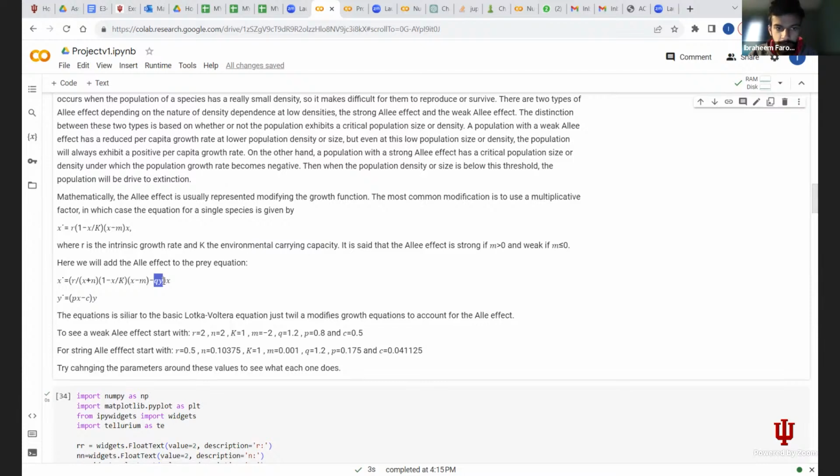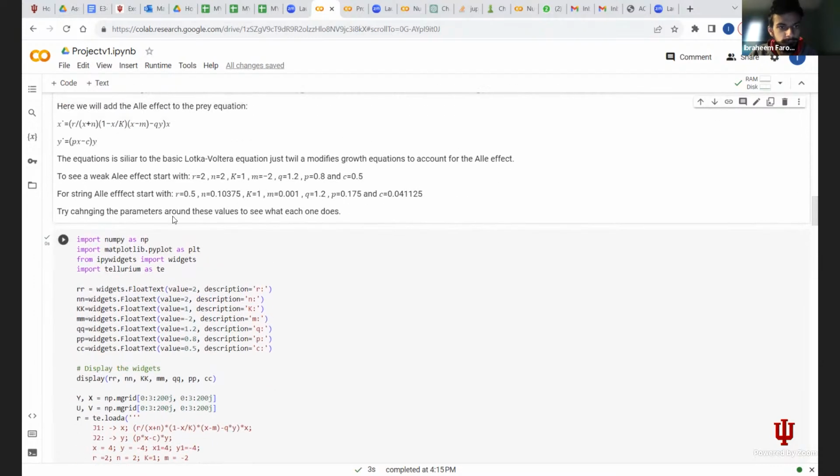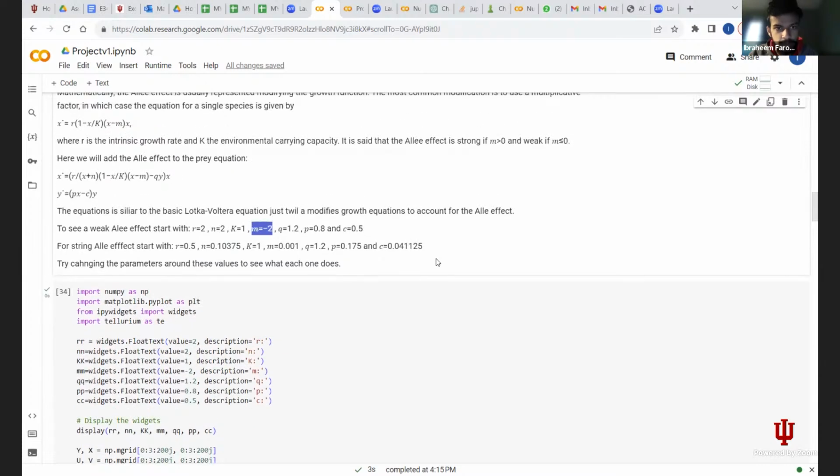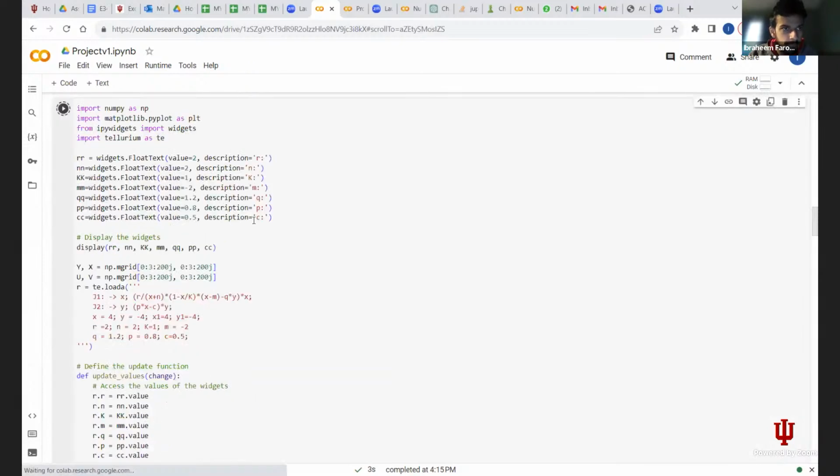We still maintain our negative rate from the predator interaction, and the predator equation stays the same. So to see some of the Allee effects in action, we're going to start with these parameters. This is going to be the weak Allee effect because m is negative. Let's run it.